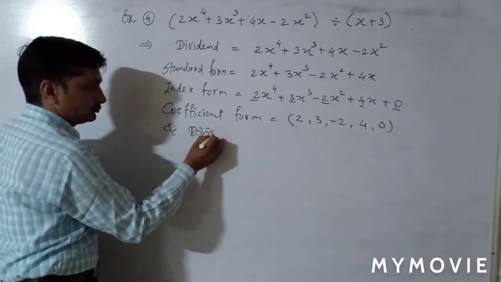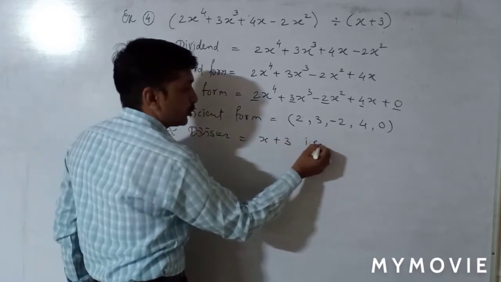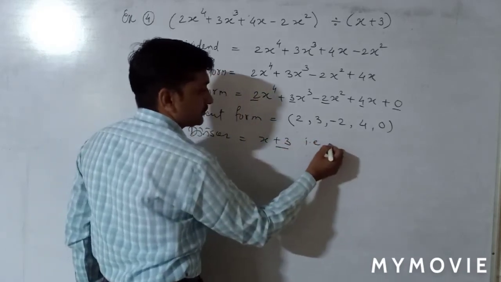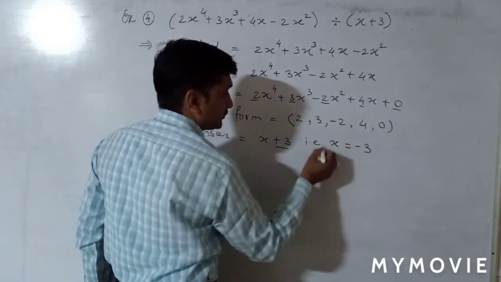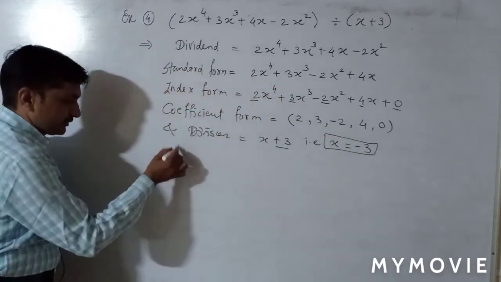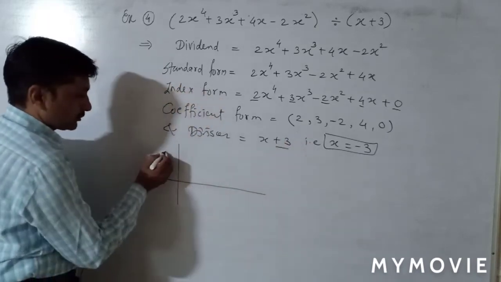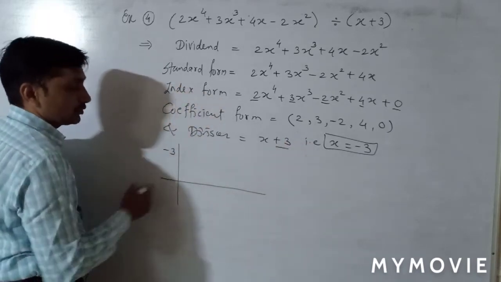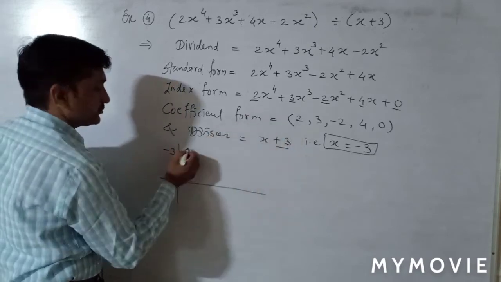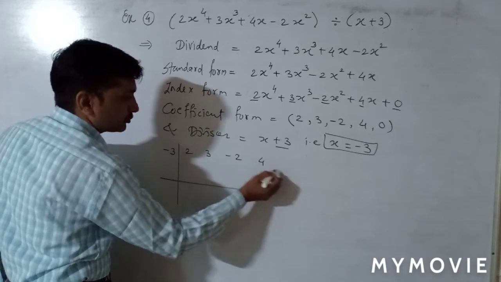Divisor now: the divisor is x plus 3, therefore we want the opposite of plus 3, x is equal to minus 3. This is the divisor. Now the method here: divisor minus 3 on the left side, coefficients on the right side: 2, 3, minus 2, 4, 0.